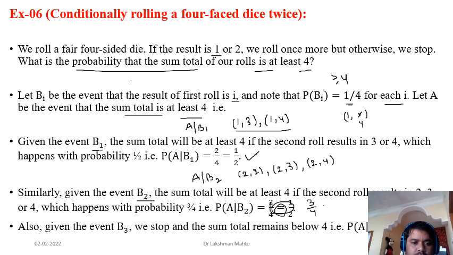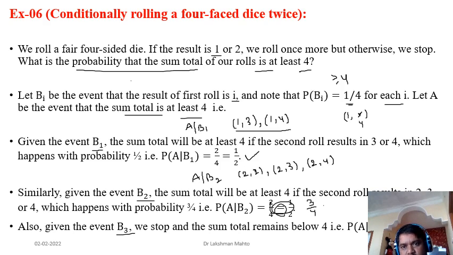Now suppose you have already seen B3. B3 is talking about the happening of getting 3 in the first roll of the dice. So what is the happening of A when you have already seen B3? You have already seen 3 in the first roll.